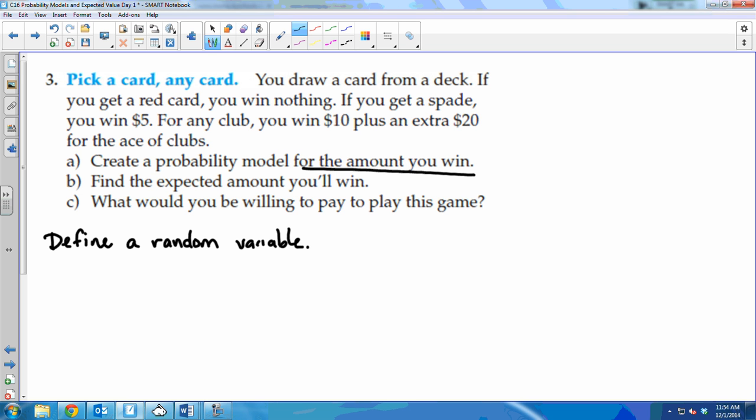That's the overarching thing. How much are you going to win playing this game? So we'll define that as X. That's what we're trying to figure out. We're trying to look at the probabilities of how much you're going to win. And you'll see where this all comes together in a second.